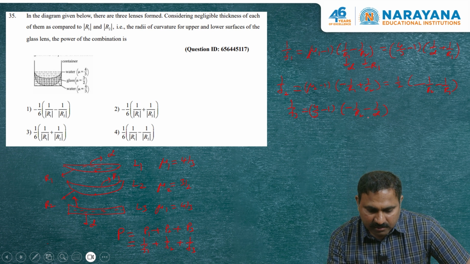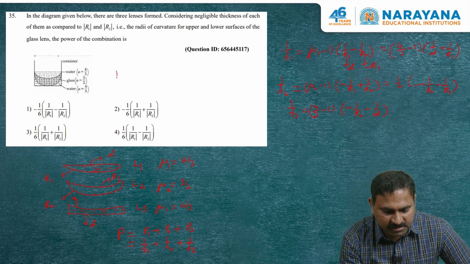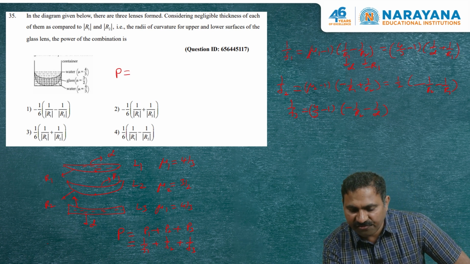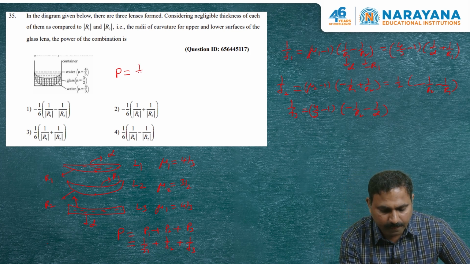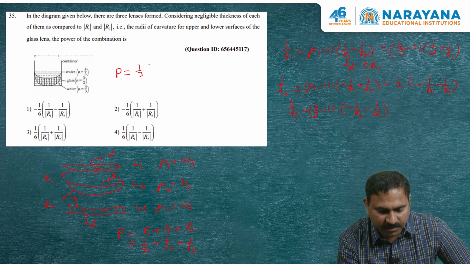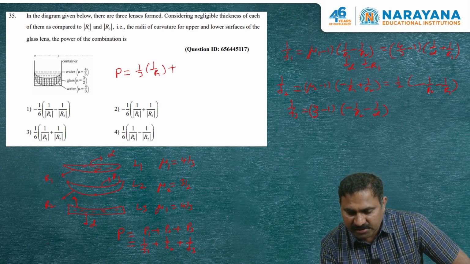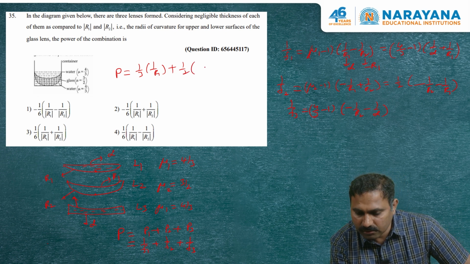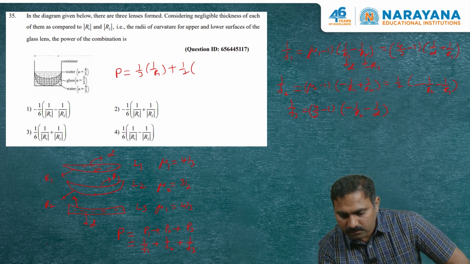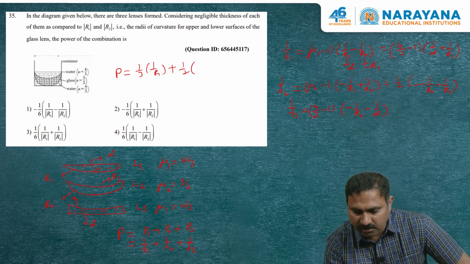From all these expressions, the power equal to 1 by F1 is (4 by 3 minus 1), which is 1 by 3, into 1 by R1, plus, from this expression, 1 by 2 into (1 by R2 minus 1 by R1).